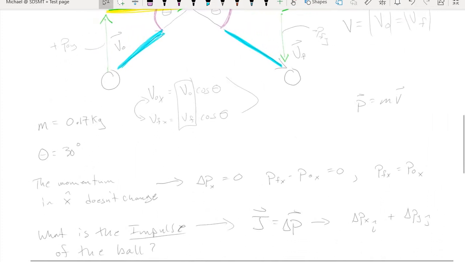So let's see what that does to our change in momentum for the y direction. A change in momentum for the y direction is not equal to 0.